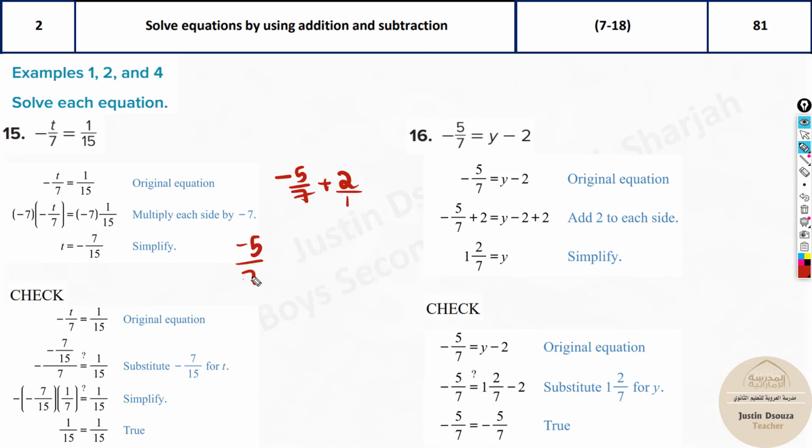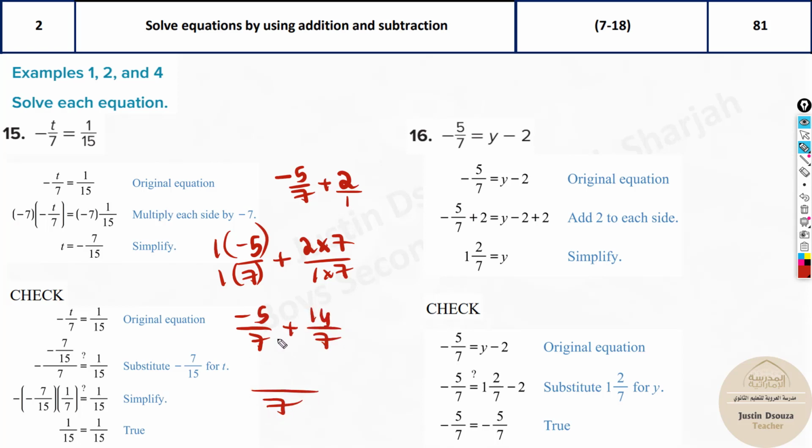Minus 5 by 7 plus, here you just multiply 7 up and down. 2 times 7 divided by 1 times 7. It'll be minus 5 by 7 plus 14 by 7. Now simplify, 7 is the common denominator. It's minus 5 plus 14. It'll be 9. So this is the answer.